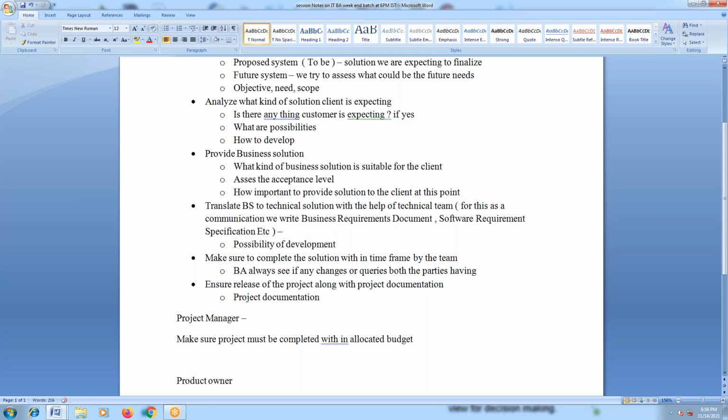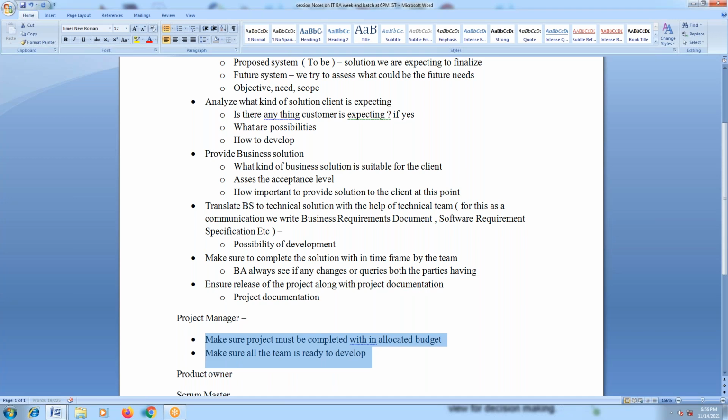Second, make sure all the team is ready to develop, right? So you need to hire a proper team. Manpower management, manpower resourcing, everything is required. This is also something we have to do as a project manager.